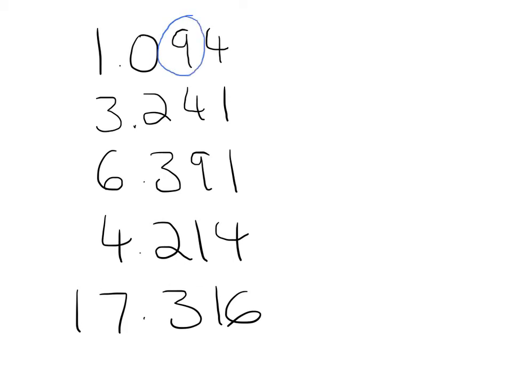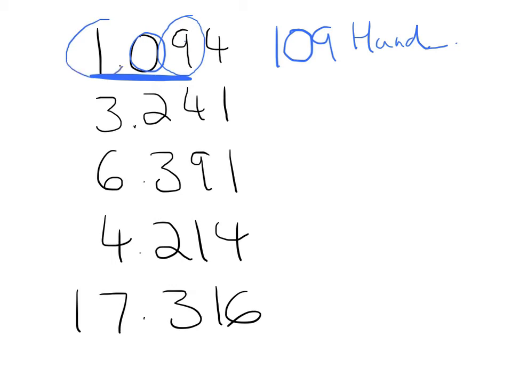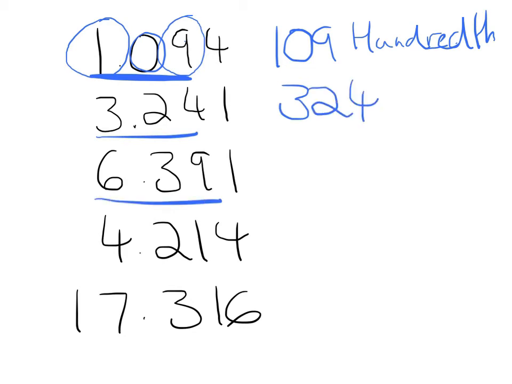In this number there's 109 hundredths, because there are 9 here, there are none here, but there's 1 whole, and 1 whole means exactly 100 hundredths. In this number there are 324 hundredths. In this number there are 631. So you can quickly see the pattern that emerges.